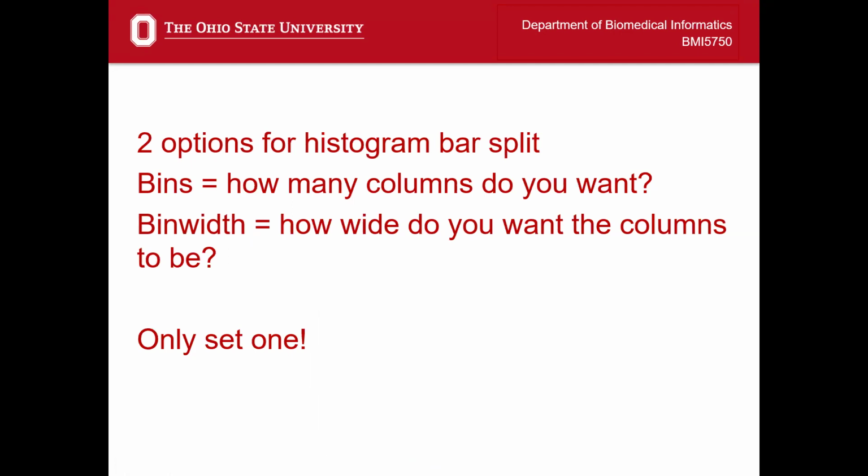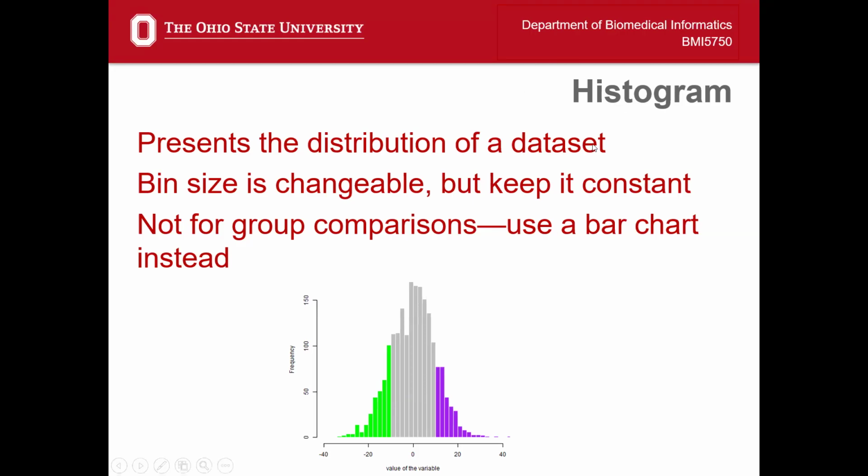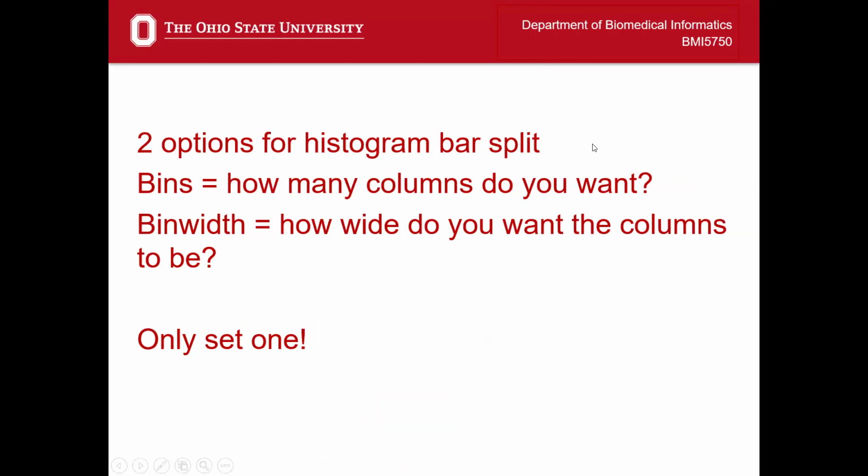There's 2 options you could choose from when you're choosing to visualize your histogram. One is the number of bins. You can specify that option bin and tell it how many columns do I want to have in my histogram. On the other hand, you might not know how many columns you want to plot, but you might know, I want each column to represent this width of my data.